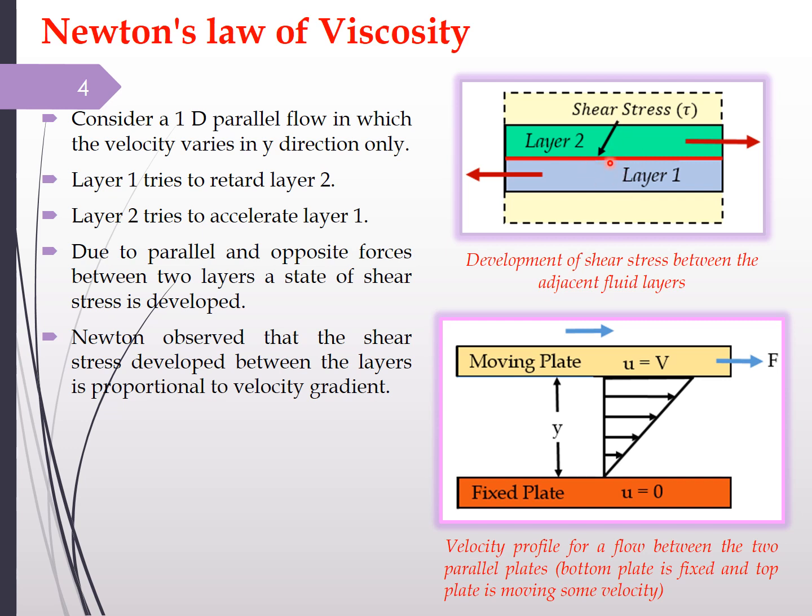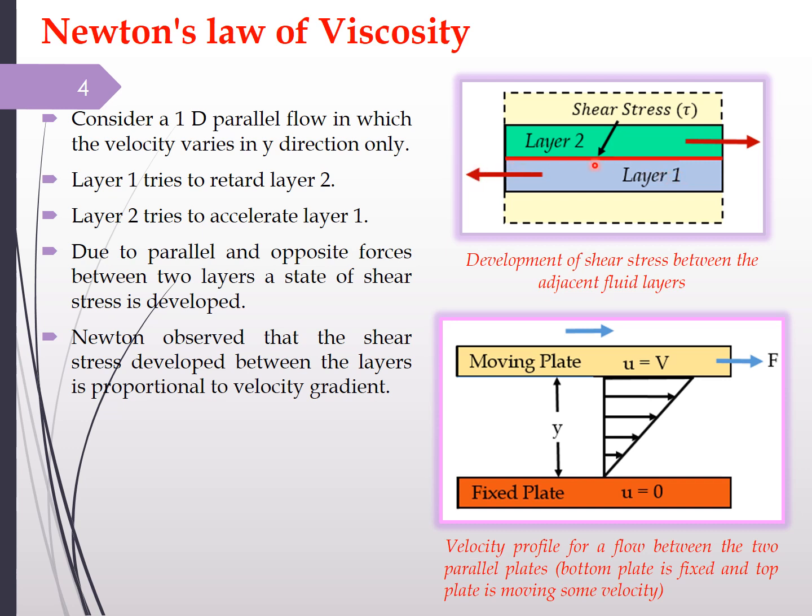So we are taking into consideration two layers. The resistance over here is more, and in between it is more, because it is being transmitted from the lower part to the upper part. Upon the application of the velocity in this direction, this layer will tend to move towards that side, but the other layer will try to resist it.